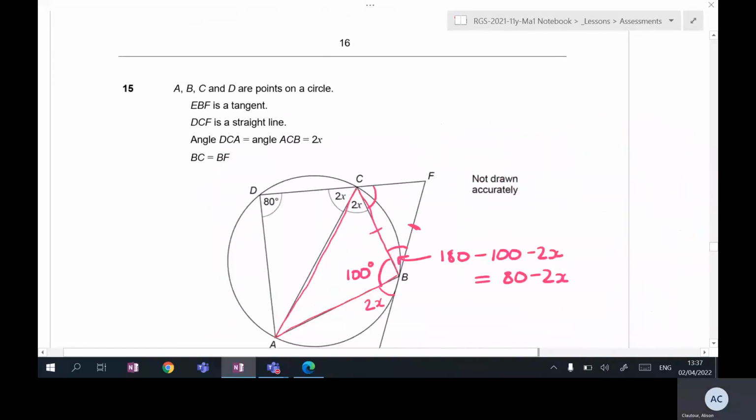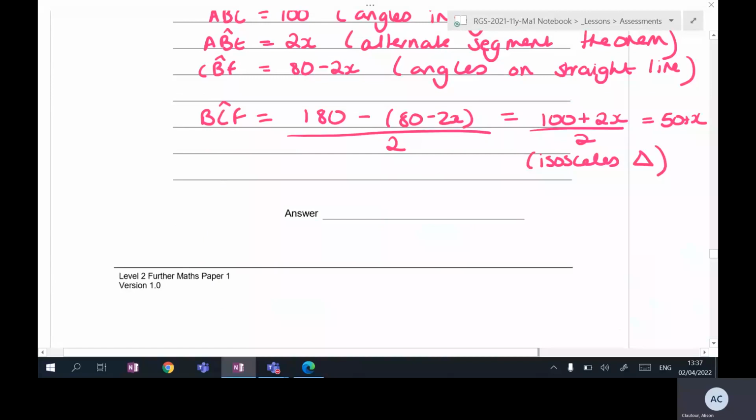So if this is 50 plus x in here, I've now got 3 angles on a straight line again. So I know that 2x add 2x add 50 add x has got to equal 180 degrees. So again, angles on a straight line.